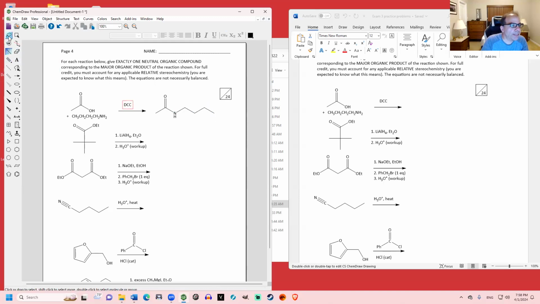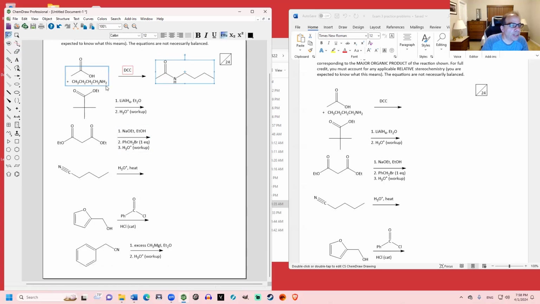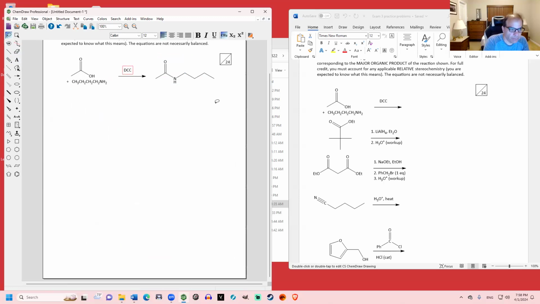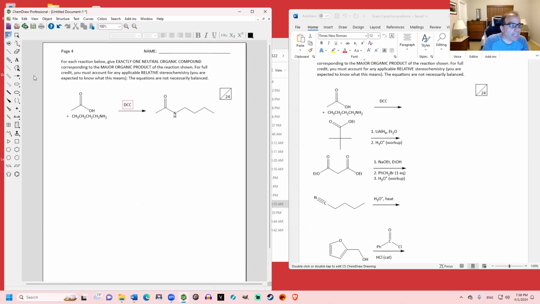So here's the answer to that question. Now, the way to study a reaction like this, where you don't have to know the mechanism, is the exact same way.